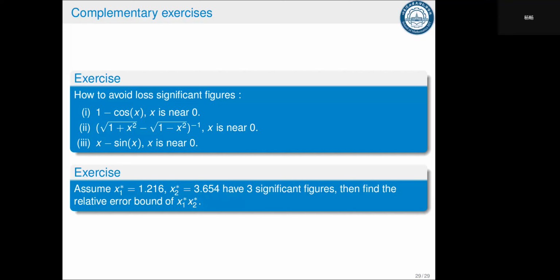After we finish chapter 2, you will have other exercises. All the exercises for chapter 1 and chapter 2 together are your homework 1. Clear? Okay.